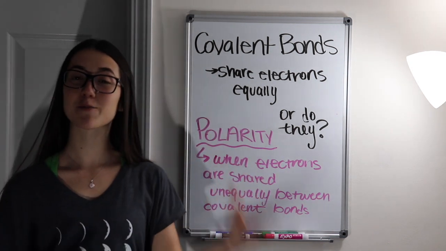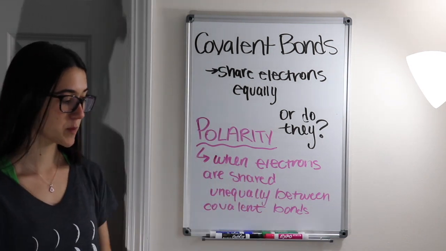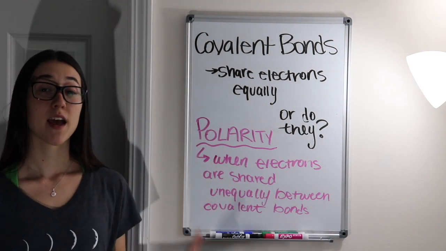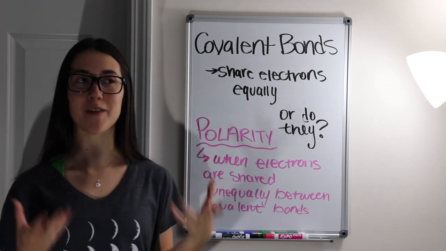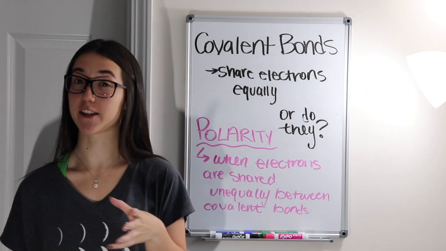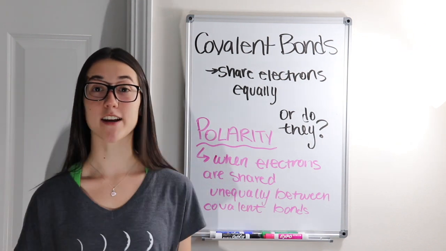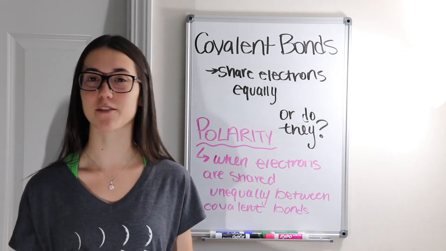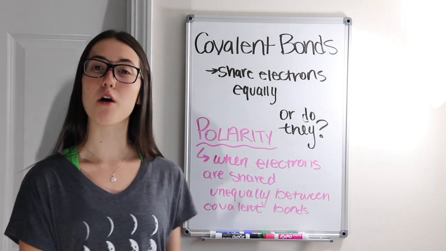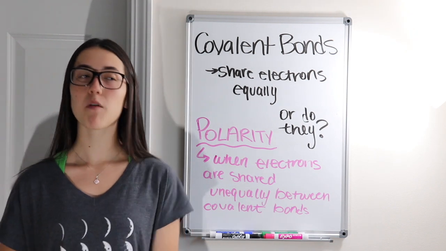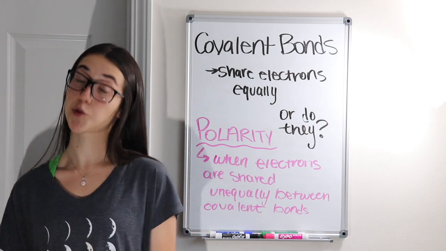So, our experiment today explores covalent bonds and what happens when covalent bonds don't act exactly like they're supposed to. So, covalent bonds, theoretically, and in the perfect scientific world, share all their electrons equally. However, in most cases, that's not true.